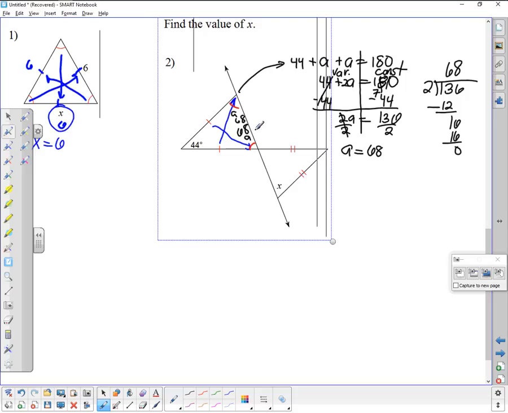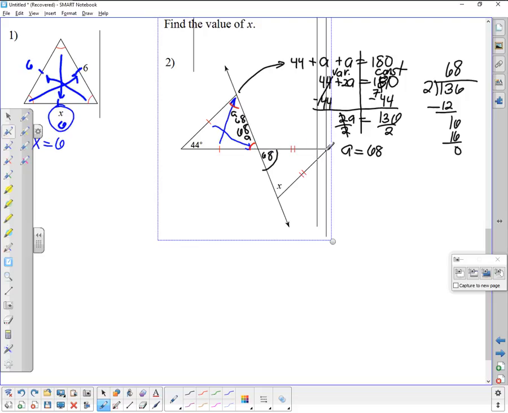Now, if you only look at this right here, these are vertical angles. So this is 68, and this will be 68, because these two are vertical angles. Now, they gave me two congruent sides, so the angles opposite are also congruent. The angle opposite to this side will be this one, 68.